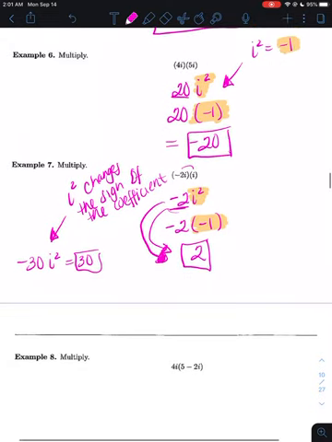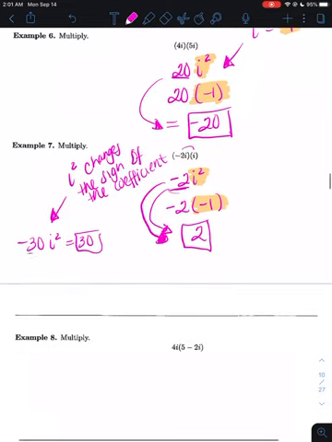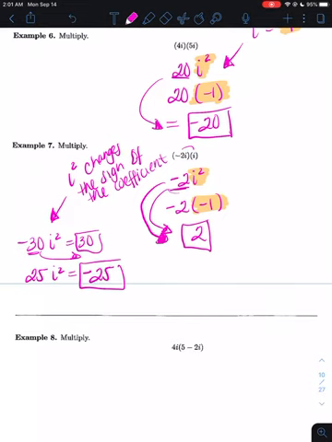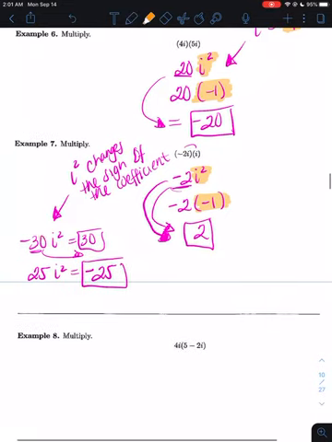Above, I had a 20i squared, but notice my final answer was a -20. -30i squared becomes a +30. If I had +25i squared, that becomes a -25. So it's going to be the opposite of the coefficient.